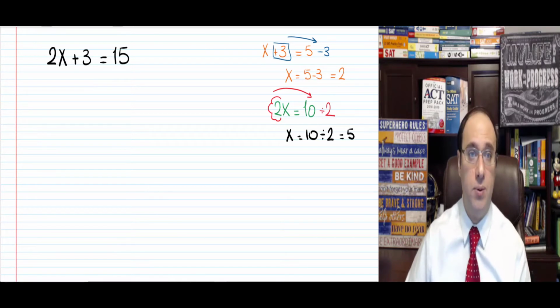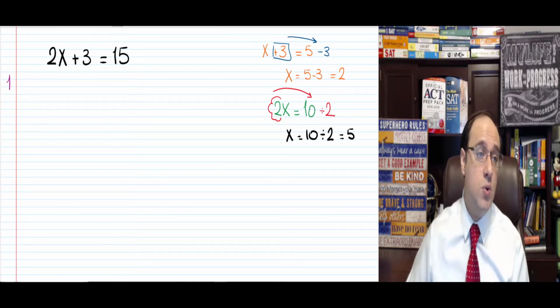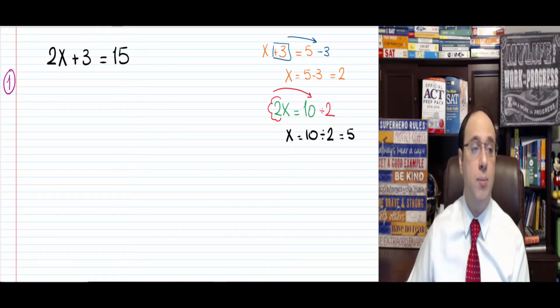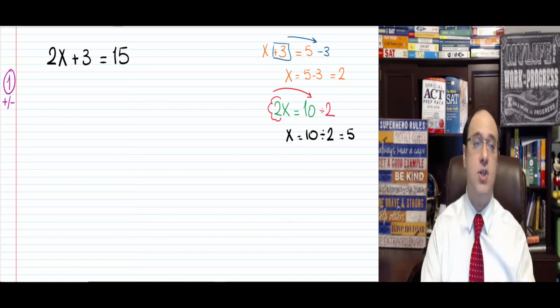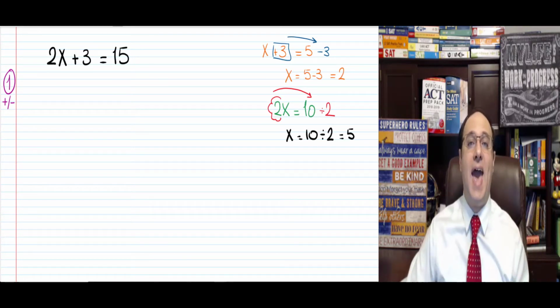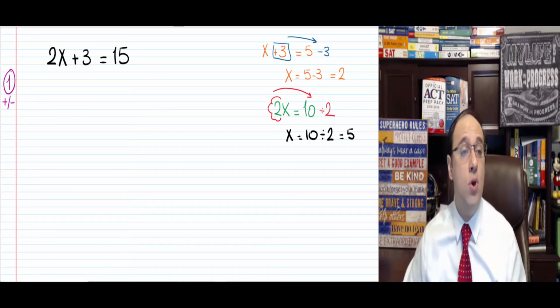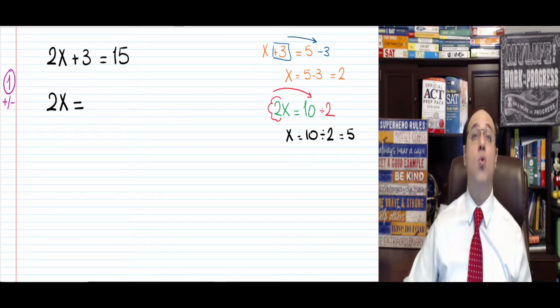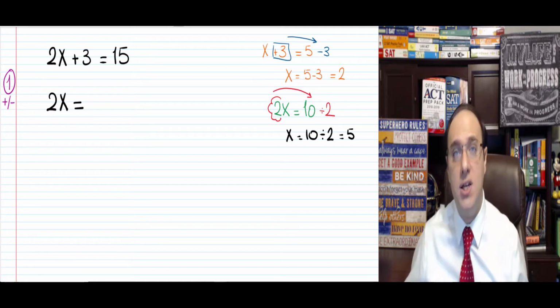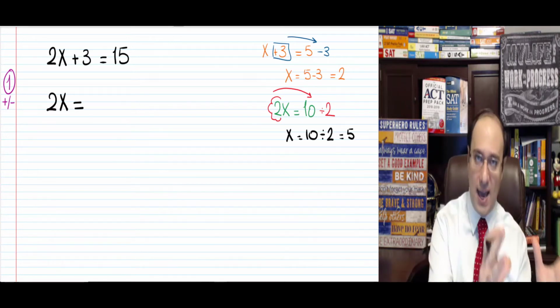Well, it's very simple. First step, you need to get rid of the pluses or minuses. So 2x means 2 times x. So we just leave 2x as it is, meaning we want to find out what 2x by itself equals. We want to get rid of anything that is plus or minus the x.